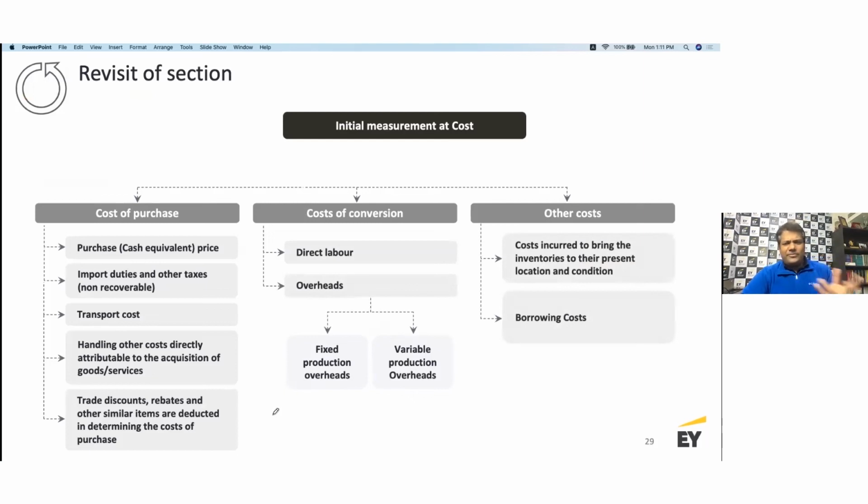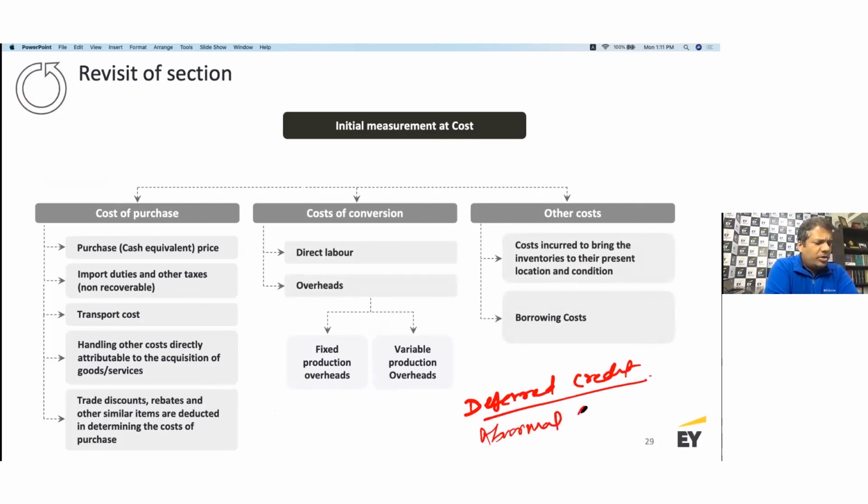Then we talked about a few other things: if you're buying on deferred credit, you have to exclude that. And abnormal costs need to be excluded. So we talked about costs which need to be excluded and costs which need to be included.